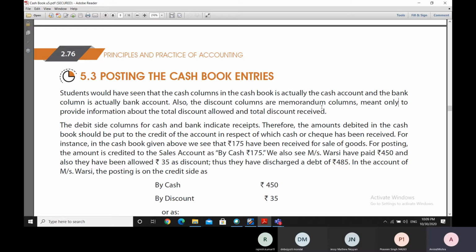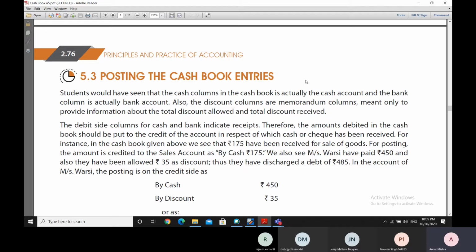So from the discount columns, whatever information we are getting as the total of the discount allowed and the discount received is taken into the discount account, and therefore the discount columns are not balanced because they are not actually accounts, but they are memorandum columns, whereas the cash column and the bank column are the accounts.